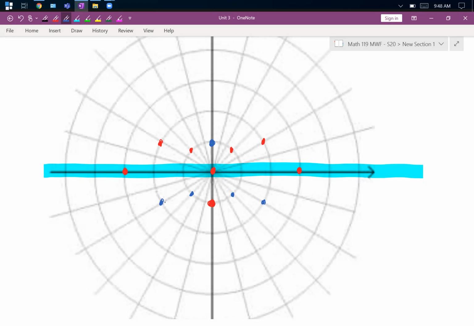Again, we want to go in increasing theta. So here's where we started out at 0. And then it looped down, and then it came back. Then our theta went out here. And now we need to draw in the mirror image on the other half.